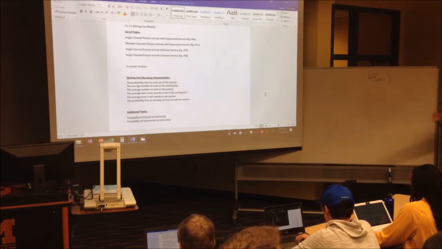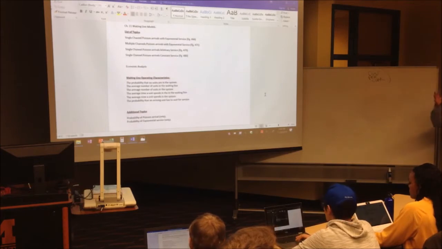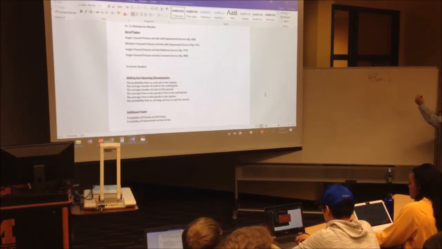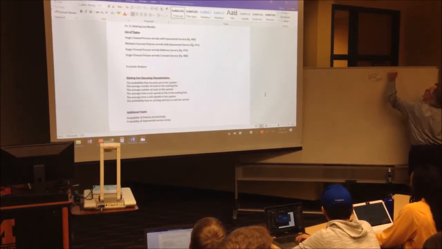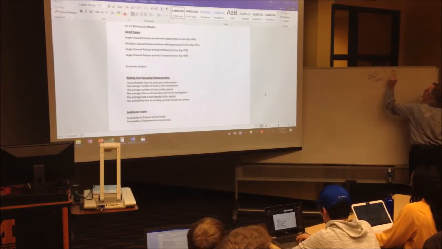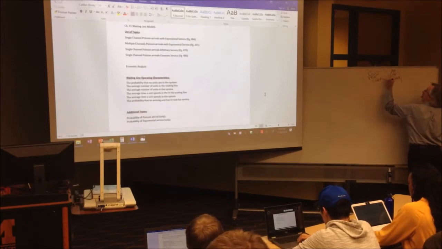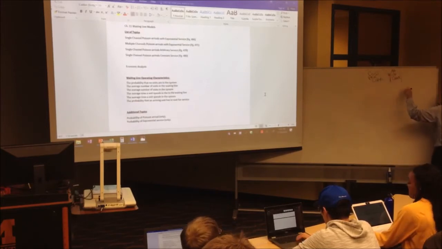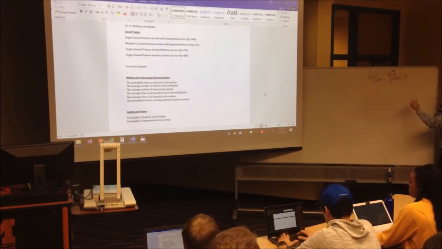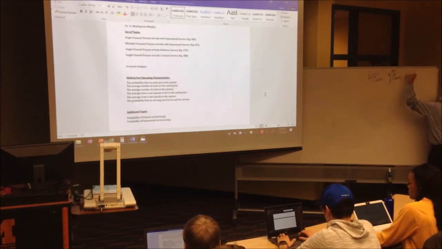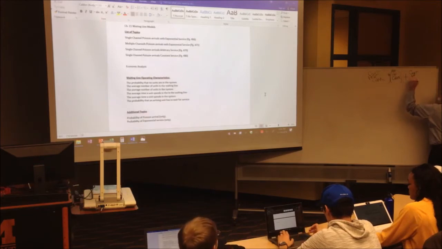If we have 2 employees doing the job, it's the cost per one channel. This is the number of channels. So they're multiplied times each other. I'll put the star there. You add that to the cost of waiting, called the waiting cost.